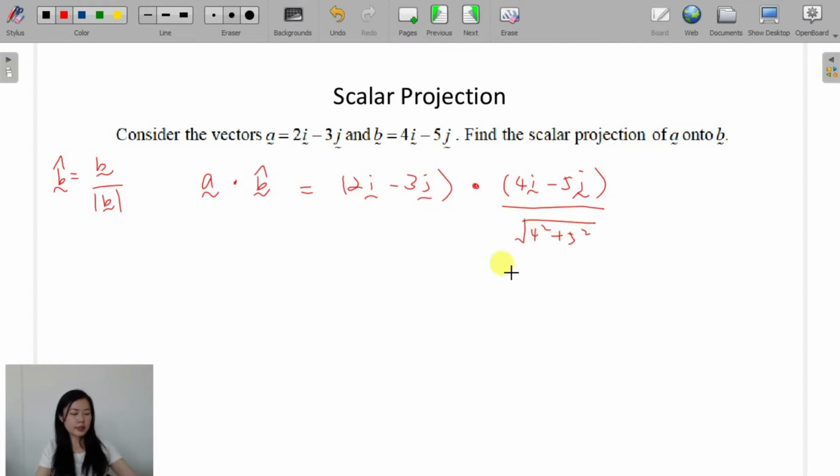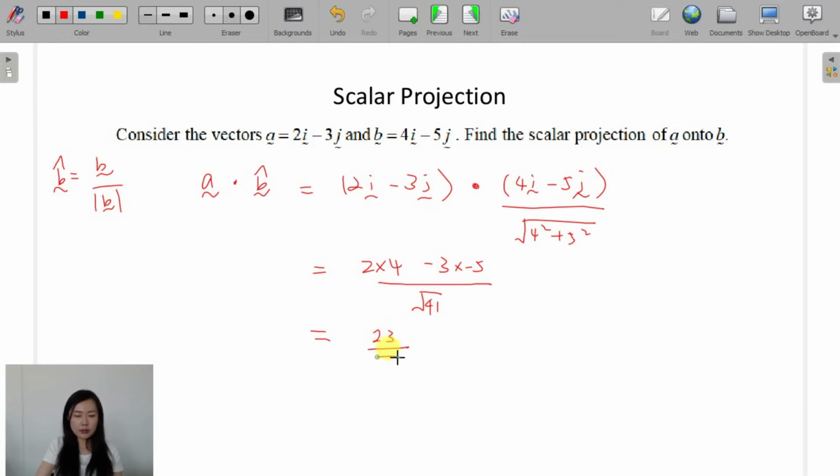Then doing the product on top, it's 2 times 4 minus 3 times minus 5. And then on the bottom, add that together, so that's root 41. Yikes, that looks terrible. Then just add that together. That's 23 on root 41.